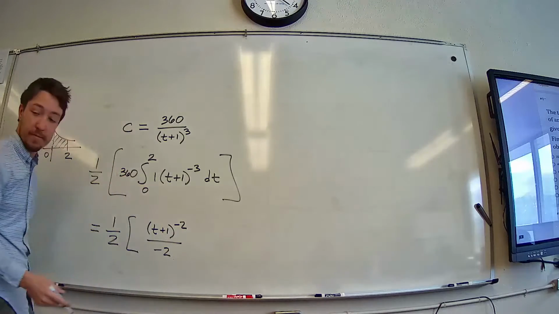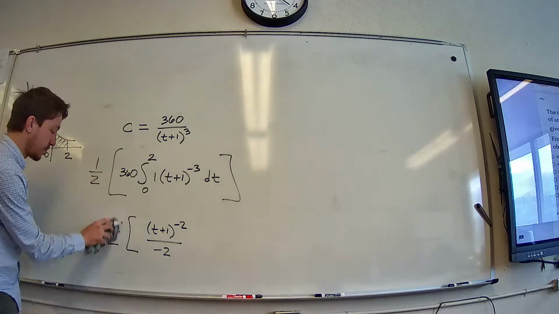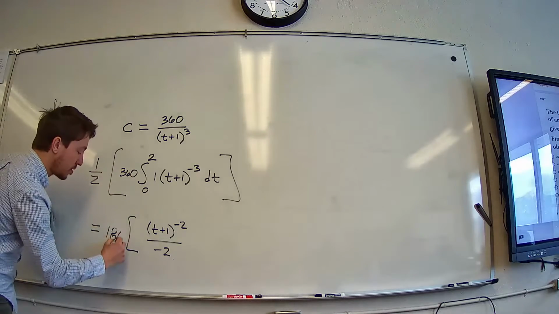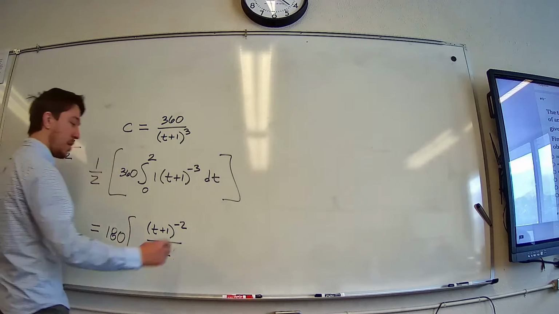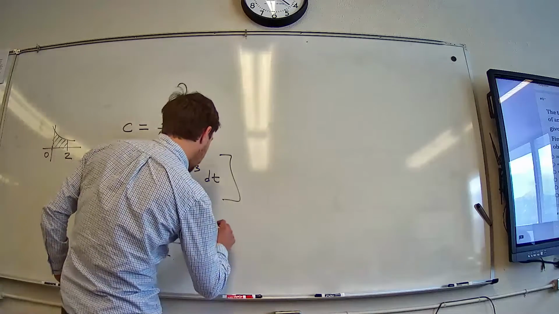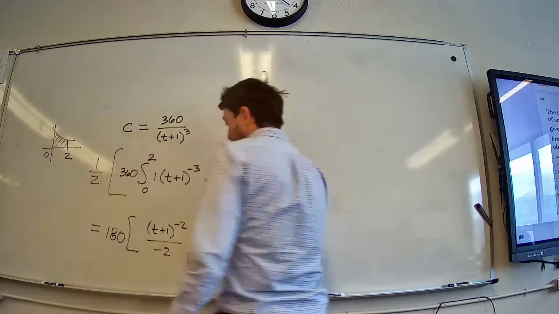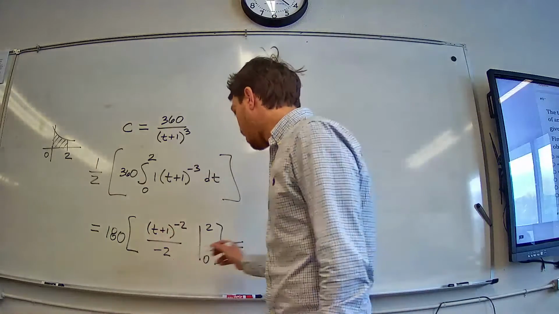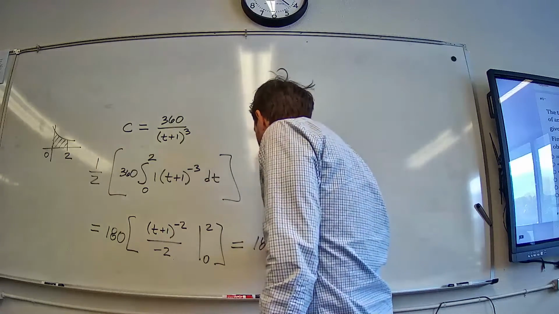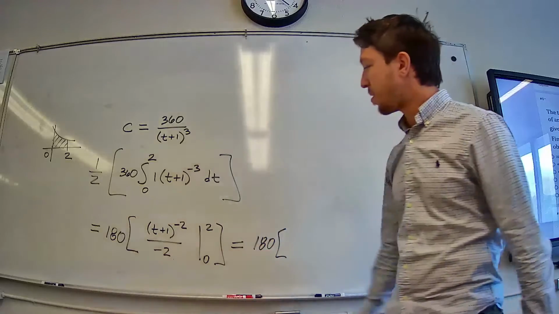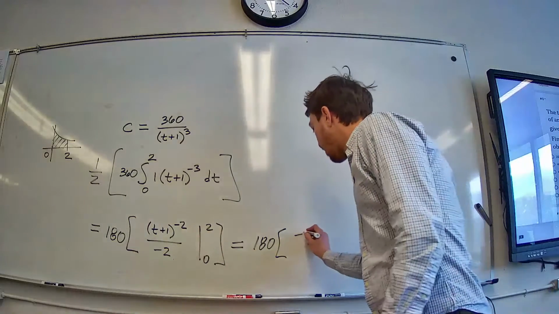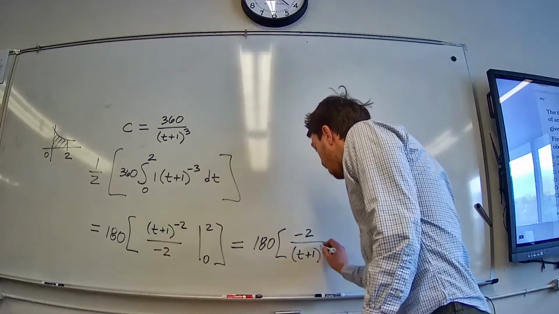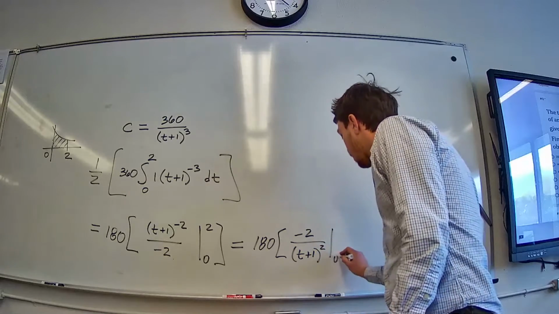Let's just pull the 360 out, if that's okay with you. Yeah, hope you don't mind. Okay, and so this guy in here, so you have 180 times, so it's -2 over (t plus 1) squared.